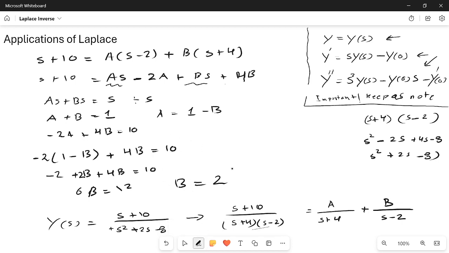So we take the value of b and put it into this equation. So we get a is equal to negative 1.